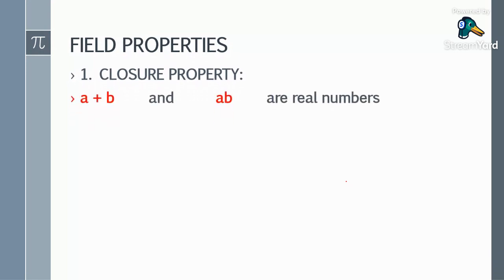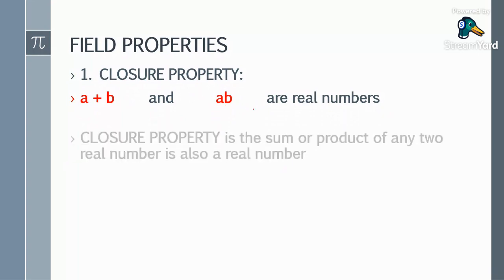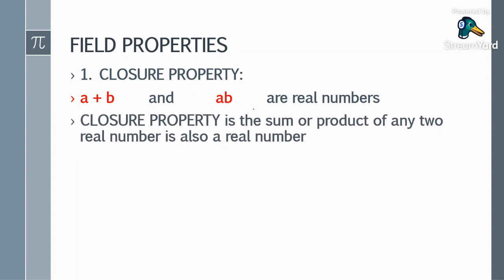The closure property is like this: A plus B and AB are real numbers. A plus B is for addition, and A times B, or AB, is for multiplication. So closure property is the sum or product of any two real numbers is also a real number.